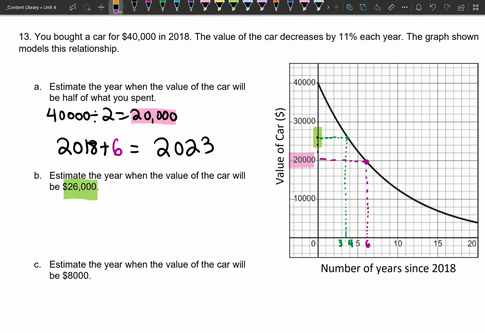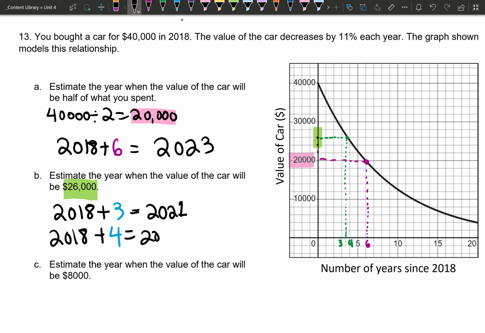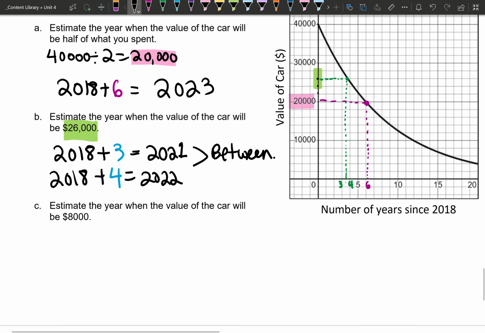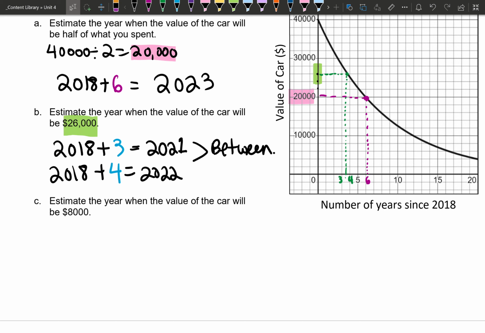Between 3 and 4. Now, between 3 and 4 means between 2018 plus 3 and 2018 plus 4. Let's write that down. Plus 3, plus 4. So that means between 2021 and 2022.